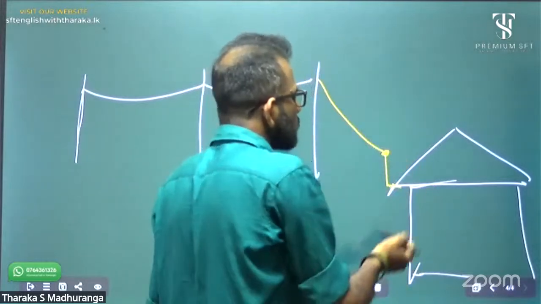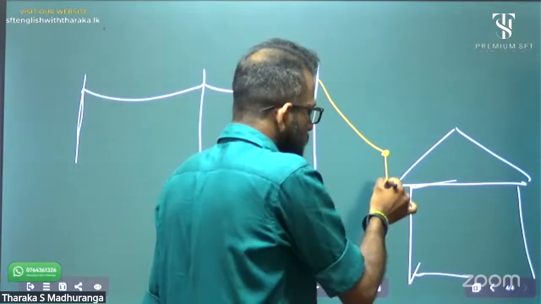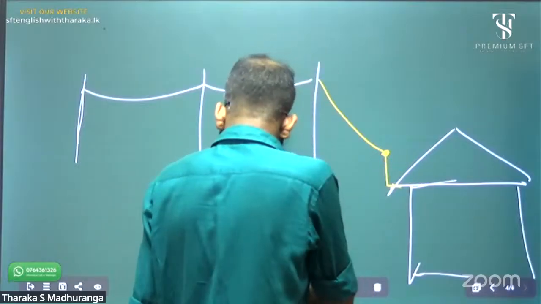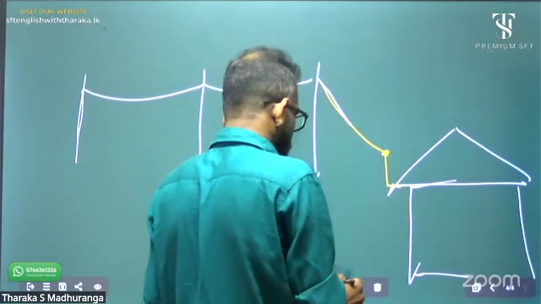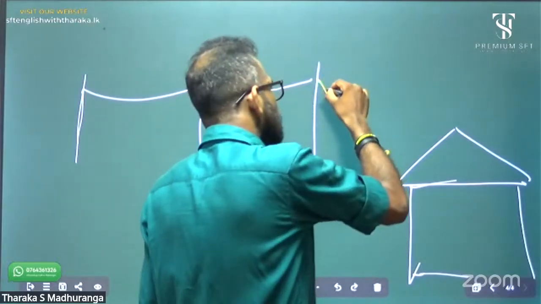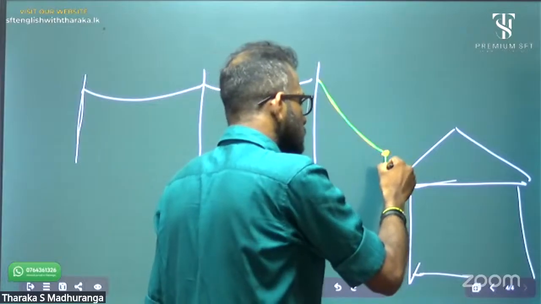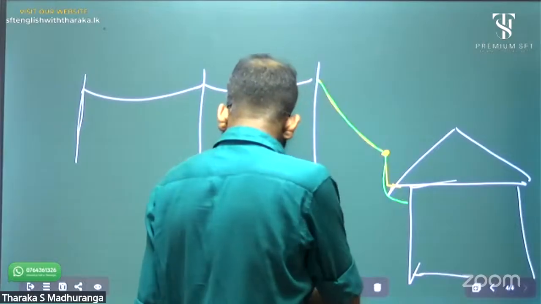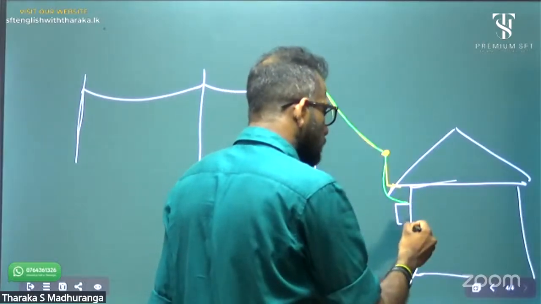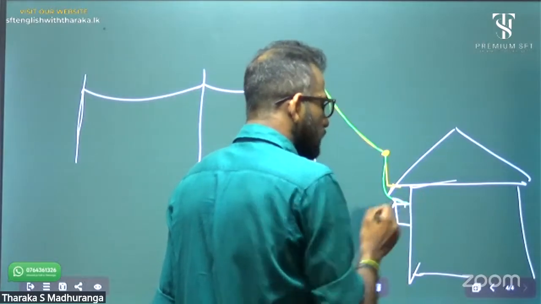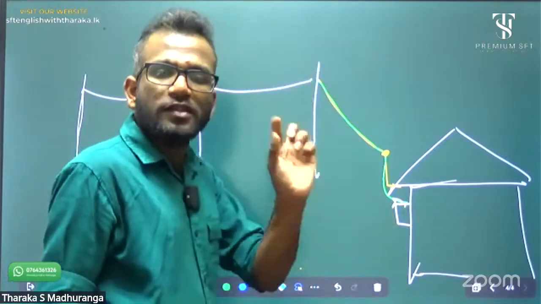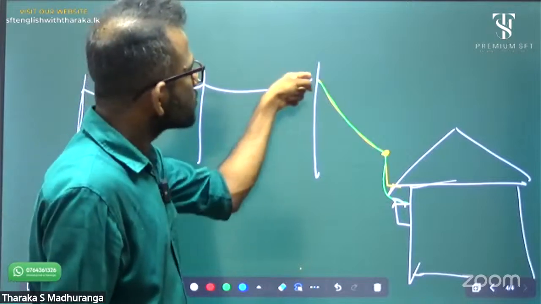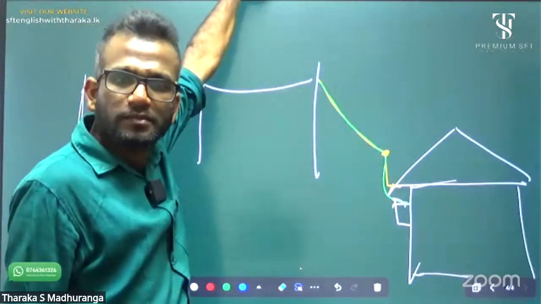We got into our home, then the same wire, the green color wire, our transmission wire. And this is our meter panel, meter board. The thickness is still the same. What is this transmission wire material?